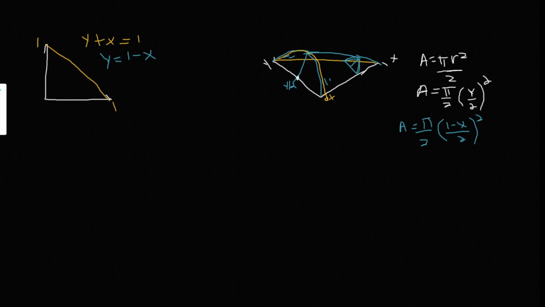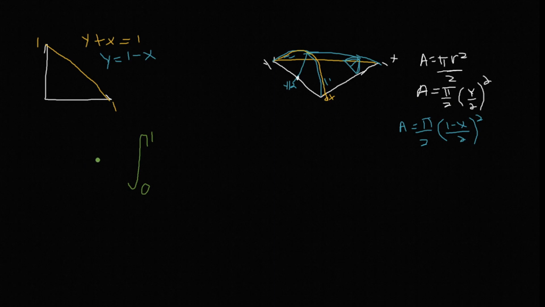And so if we wanted to find the total volume of this semicircle creation, we just integrate and sum up these tiny little volumes. This is at x equals 0, and I told you that this is at x is equal to 1.